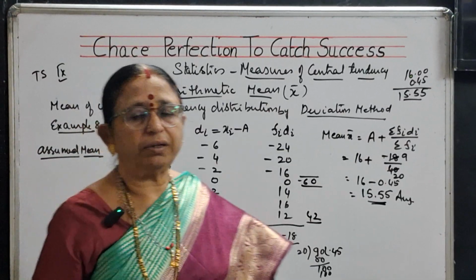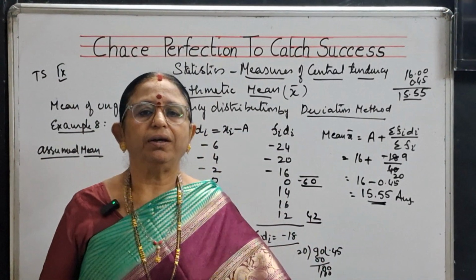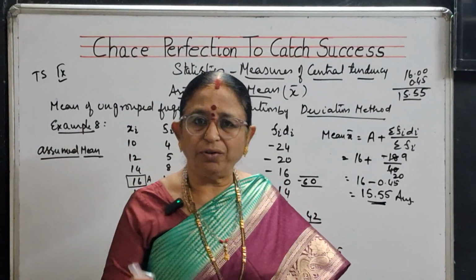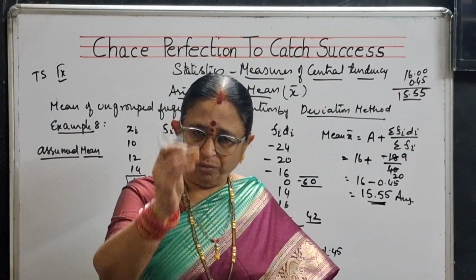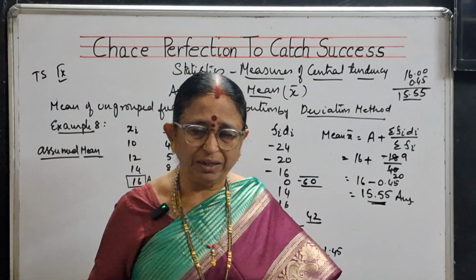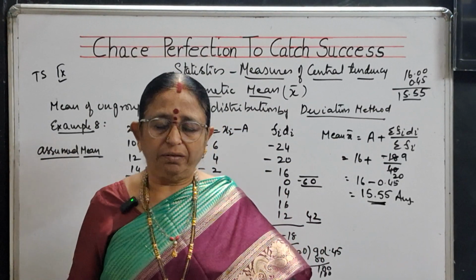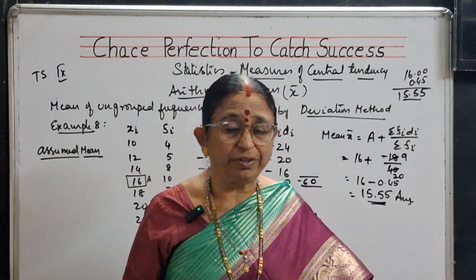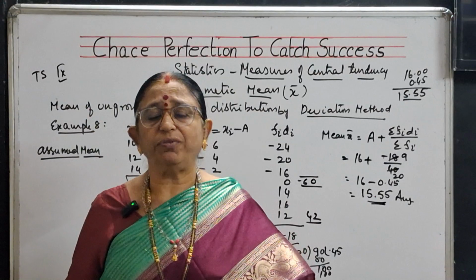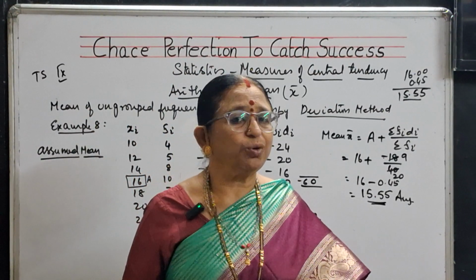Now I am concluding my topic today, children. In your textbook, mean, median, mode are given together. But if we do it like that, you may get confused. Till you are perfect with mean, we don't go to median.